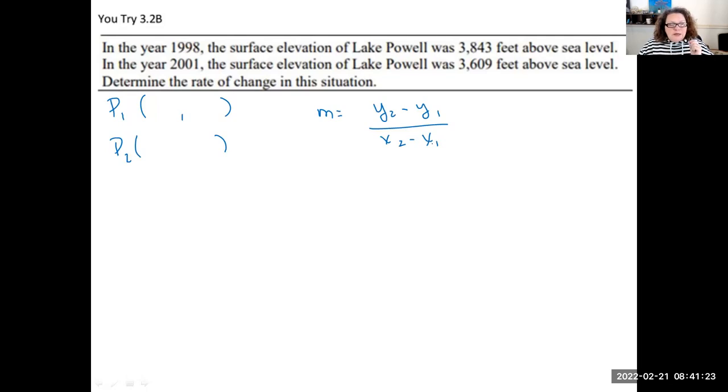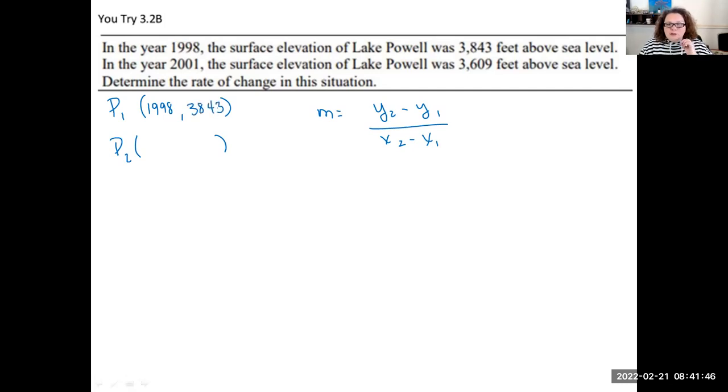Okay. In the year 1998, the surface elevation of Lake Powell was, so our input is 1998. I'm just going to plug that in here. 1998, what happened? What was the output? 3,843 feet above sea level. So 3,843. Okay.